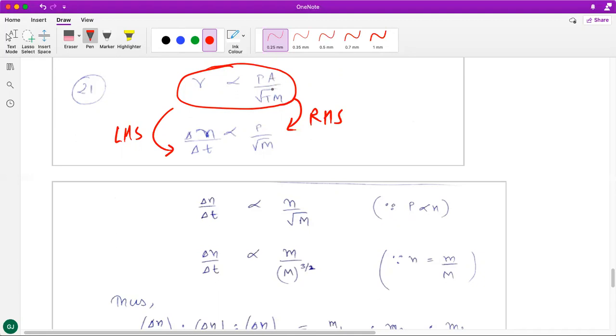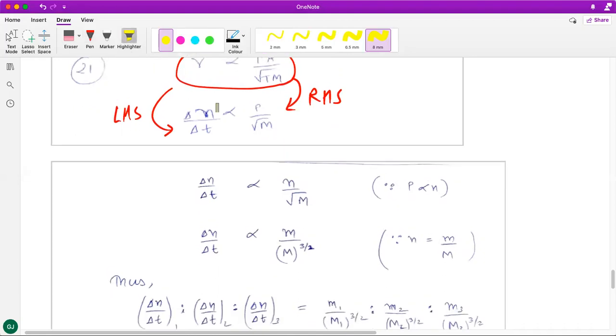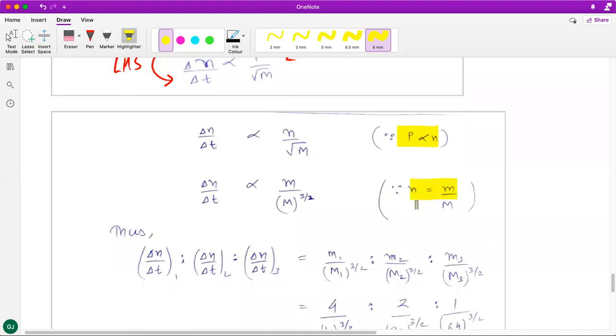So that is why I have taken partial pressure also into account as a factor. A and T, I have merged them in the proportionality constant because they are not going to be different for the gases. Now, since partial pressure is proportional to moles, I replaced P by N, right? And since moles is equal to mass upon molecular weight, like I did in the previous example, I replaced the moles by mass and molecular weight.